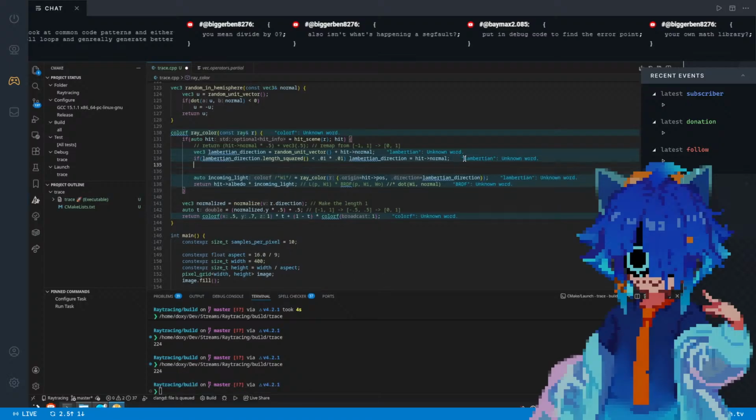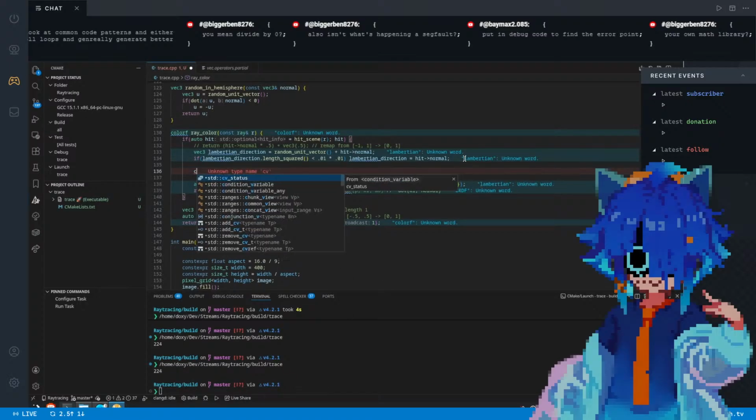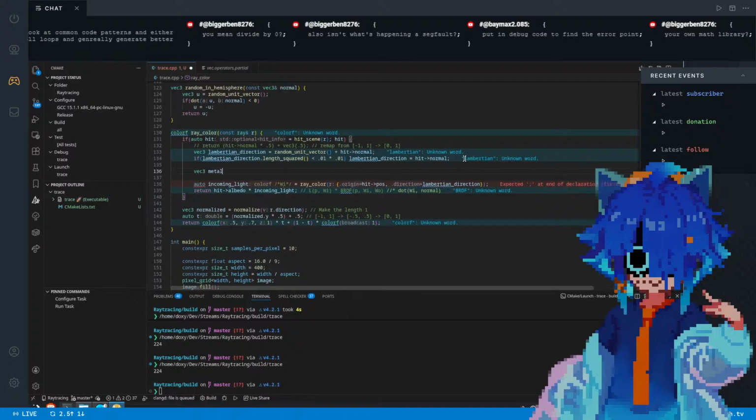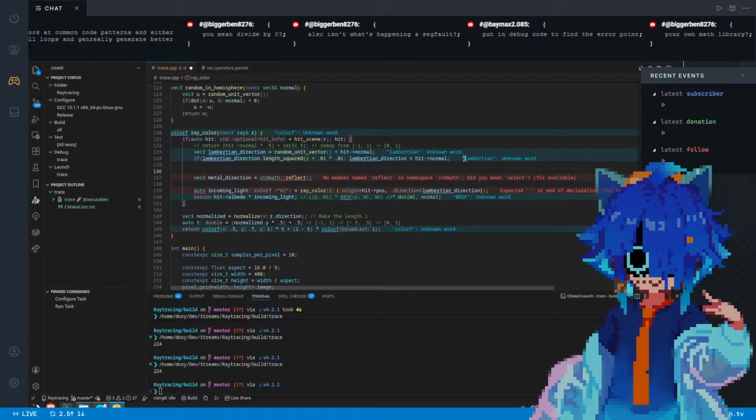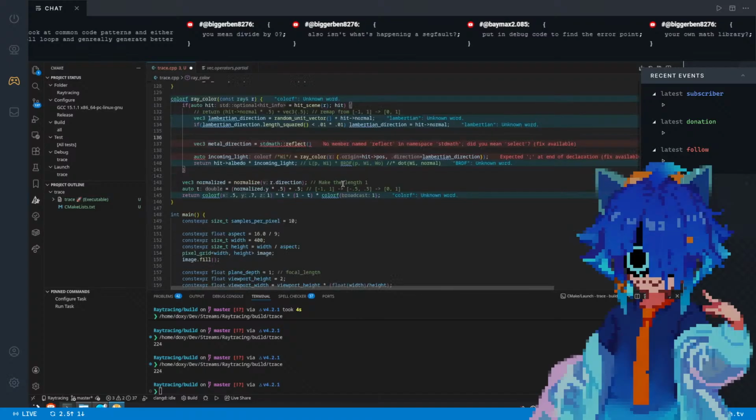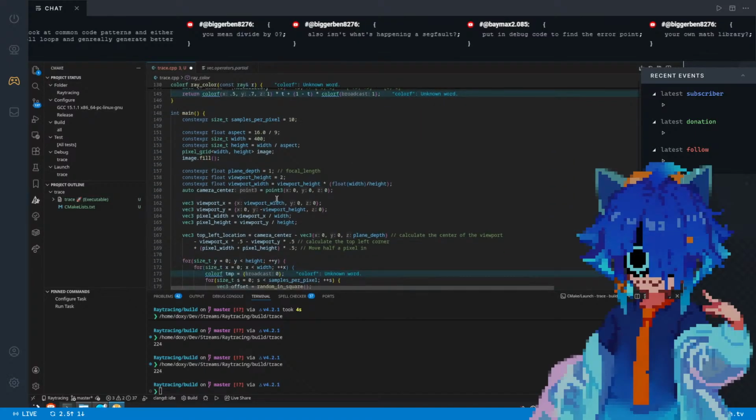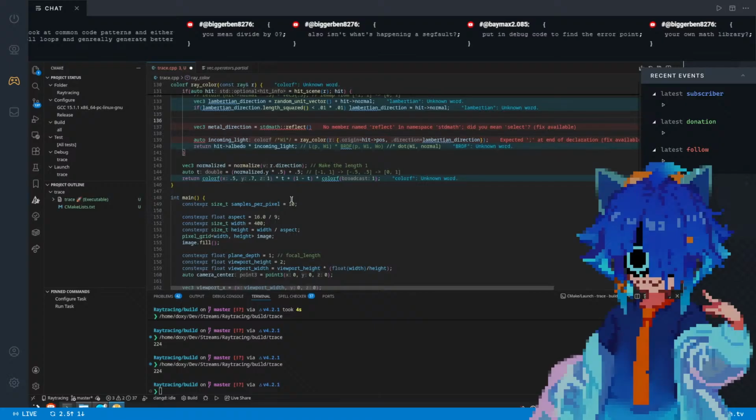So the way we do that, we have vec3 metal direction equals the reflection. So STEDMath reflect of the incoming, which is, where did we put the camera? Camera center is at 0, 0, 0.